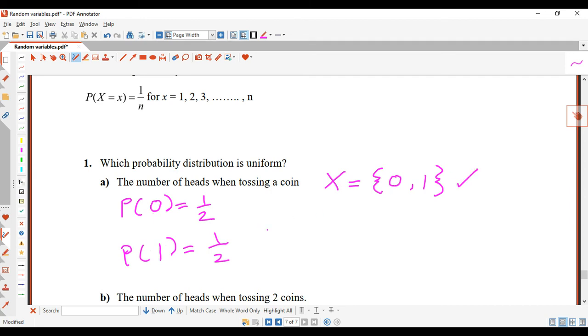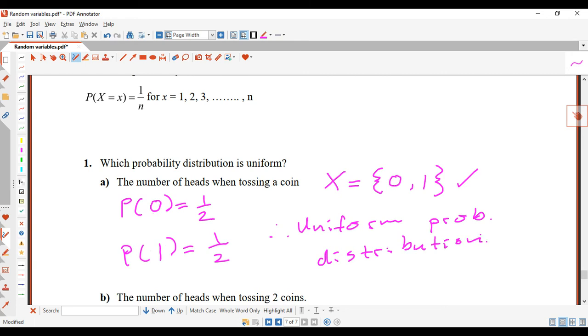So you can tell there that it is a uniform probability distribution, because each probability is the same in this case.